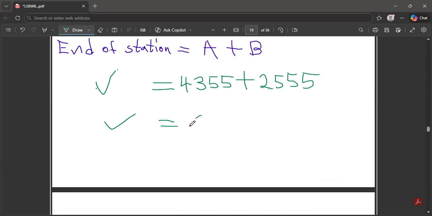So that's going to give us 6,910 meters.